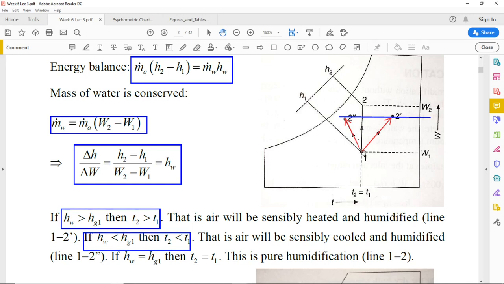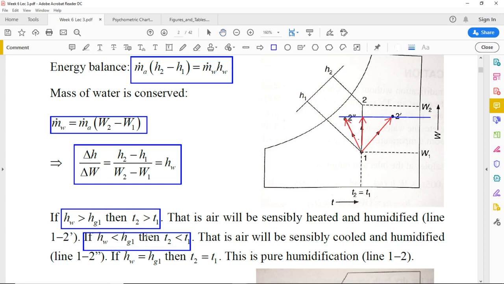And the third one you can see is 1 to 2, in which if we reach the same humidity ratio, what is different this time is that the dry bulb temperature remains unchanged, and that is pure humidification without any heating or cooling of the air, and that will be only possible if HW is equal to Hg1.